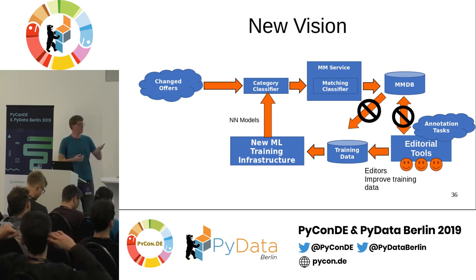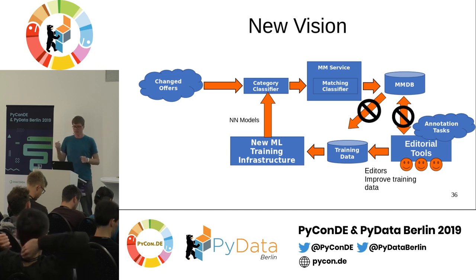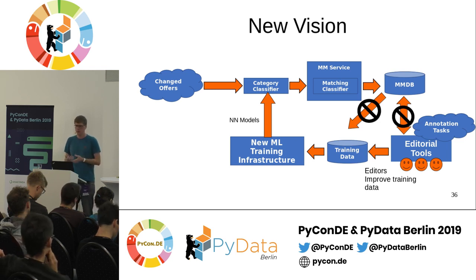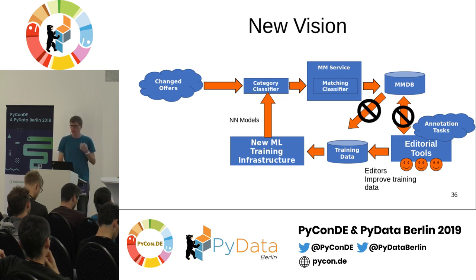We need to remove these direct connections and have annotation tasks. So the system should monitor the quality of the results, and if the quality is not good, generate annotation tasks for editorial staff, and then the editorial staff should work in an active learning setting on the right things to do.